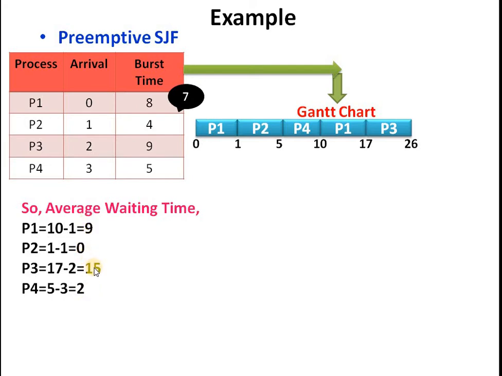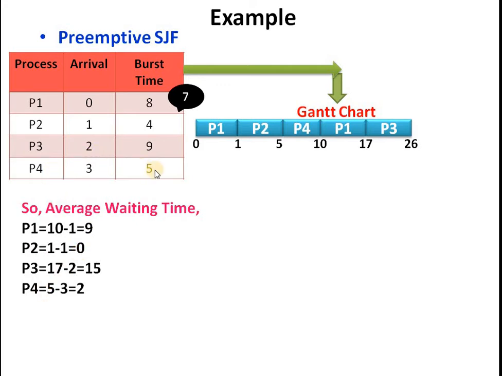These are the waiting times of the respective processes. P1 has 9 milliseconds, P2 has 0 milliseconds, P3 has 15 milliseconds and P4 has 2 milliseconds. As per this waiting time, in shortest job first, P2, having a very small CPU or burst time, is executed first. It required 0 waiting time.